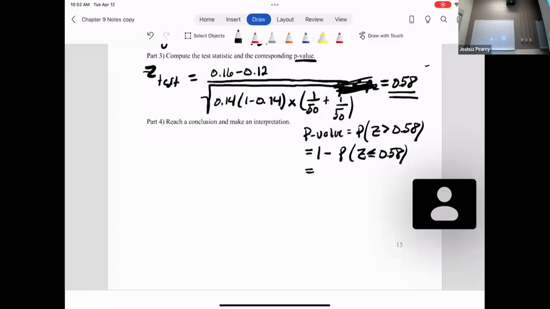And what is that? Anyone figure it out? If you look at the area to the left of 0.58 in the table, what do you get?